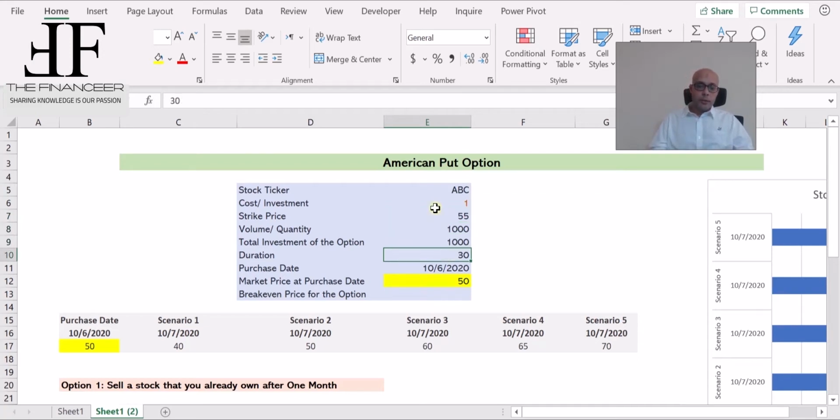Assume also that you agreed with the other party that the duration of this contract is 30 days. 30 days means that if you would like to exercise this put option, you have the full right to exercise it at any point in time during these 30 days. And this is an American put option.